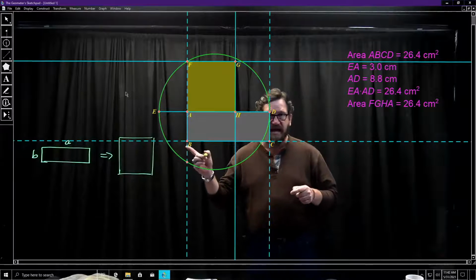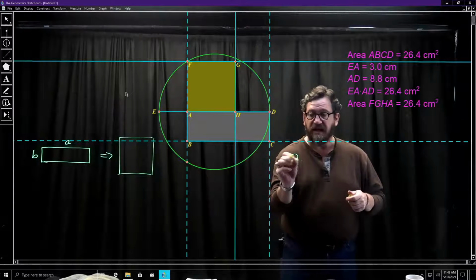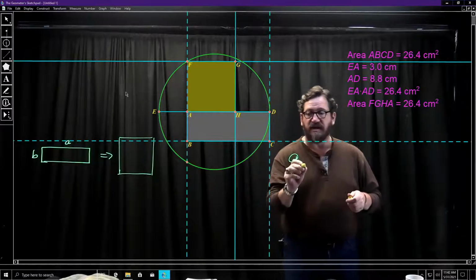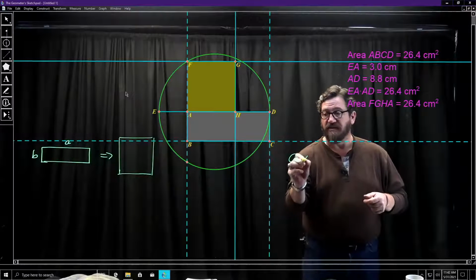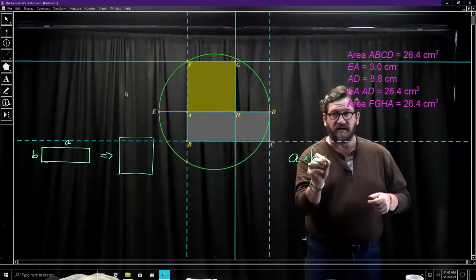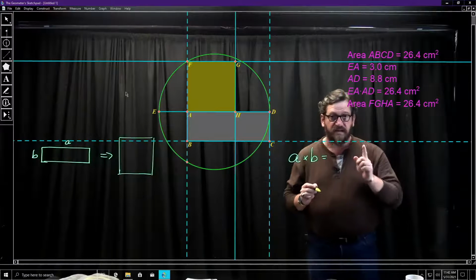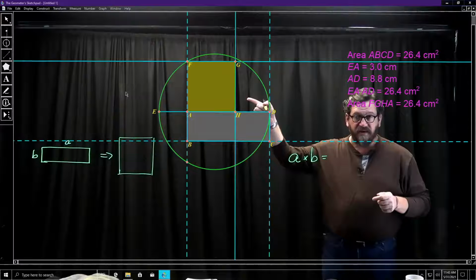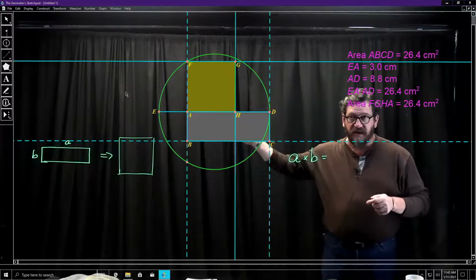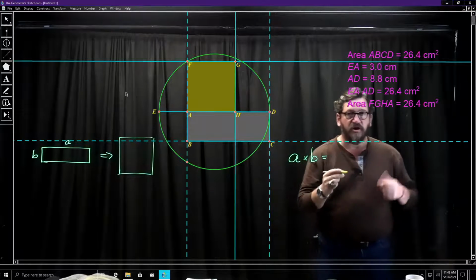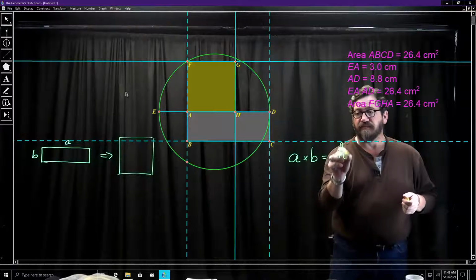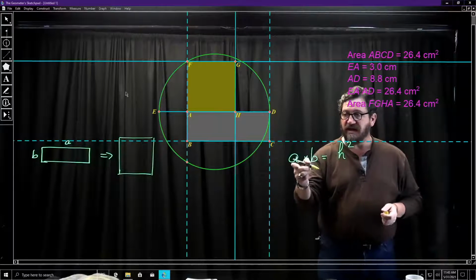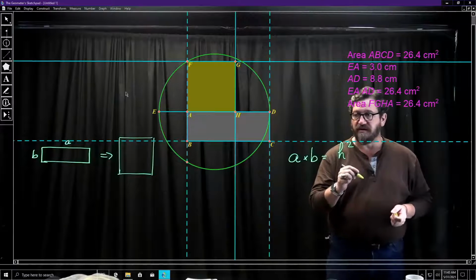Notice E to A we said was a length called A. Then from A on to D we said was a length B. And we said A times B gave us a rectangle, and we said that rectangle just gave us that square, and that square has a measurement from A up to F. Call that H squared. So notice what we've actually said here. We have A times B is H squared.